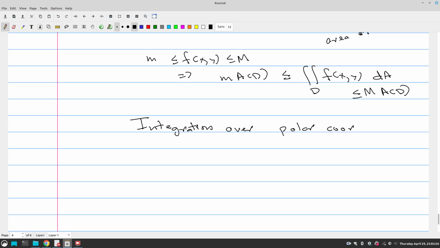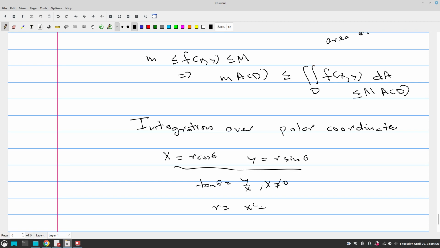So the relationship between polar and Cartesian coordinates is this: x is equal to r cos theta, y is equal to r sin theta, and as a consequence you have tan theta equals y by x, where x is not equal to 0, of course, and r is equal to the square root of x squared plus y squared.